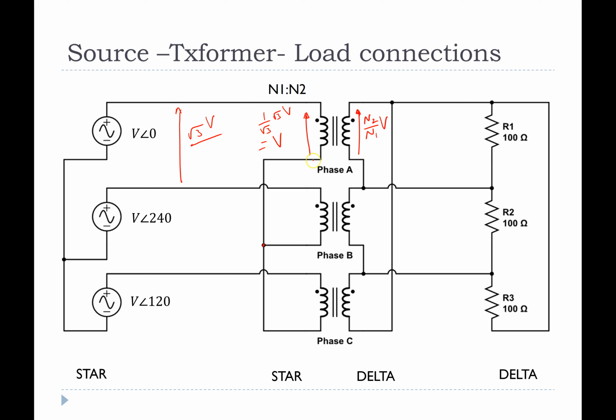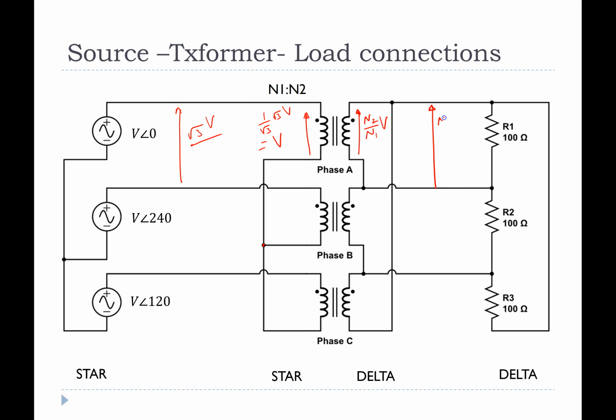So the phase voltage, remember when you're doing the transformations across the transformer, you always work with the phase voltage. So I have N2 on N1 V is the voltage across this phase of the secondary. If I want to now find the line-to-line voltage for the delta, I know for a delta configuration, the phase and the line are the same.